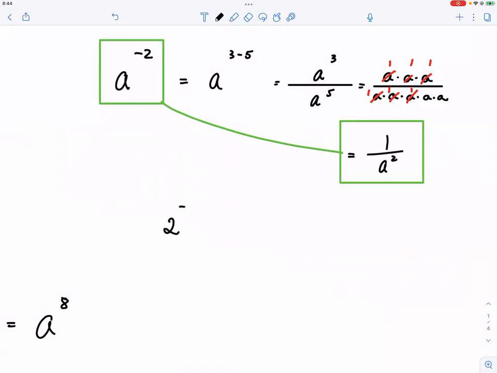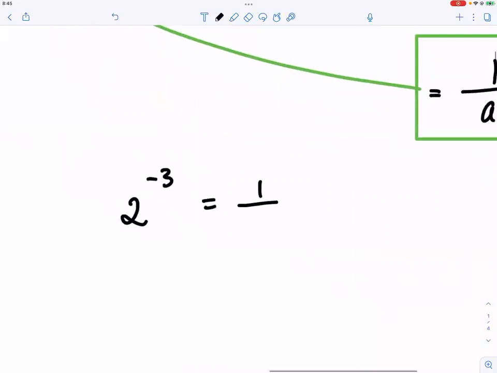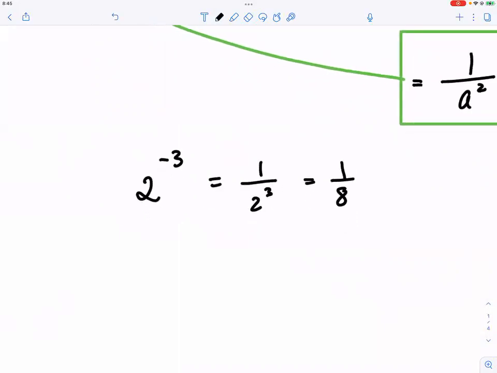What is 2 to the negative 3 power, if I ask you? One over 2 cubed, which is, what's 2 cubed? 8. I want you to know that eventually, sooner or later, this is just a piece of cake for you. But you get to decide when this stage is going to happen.